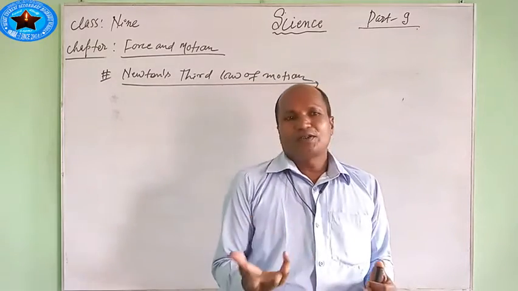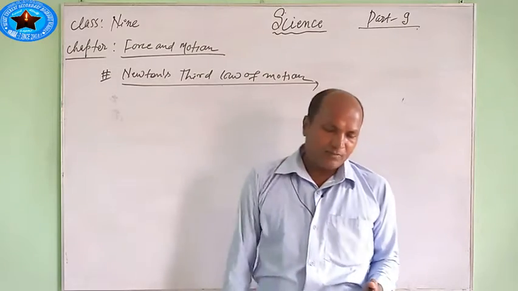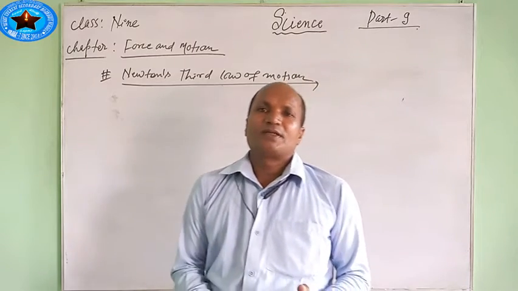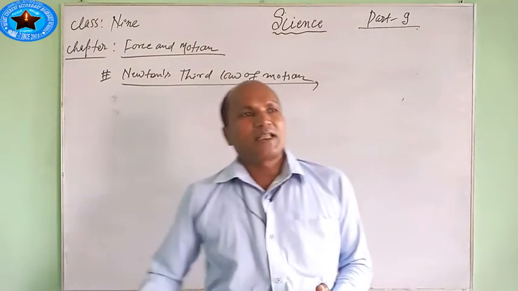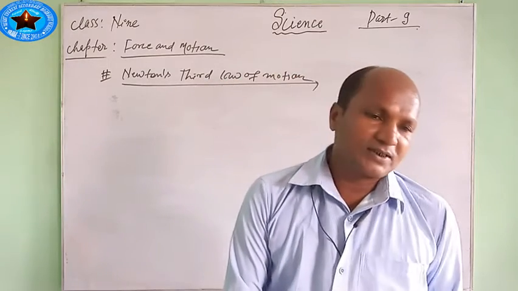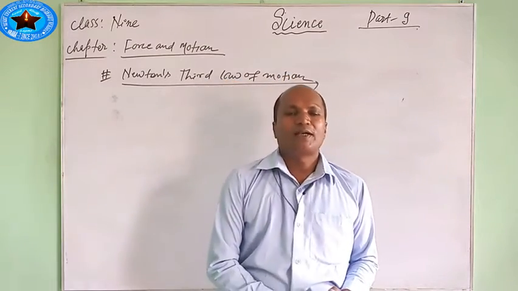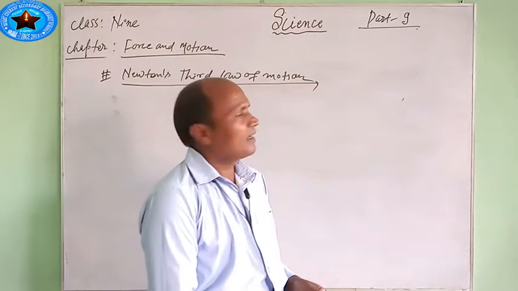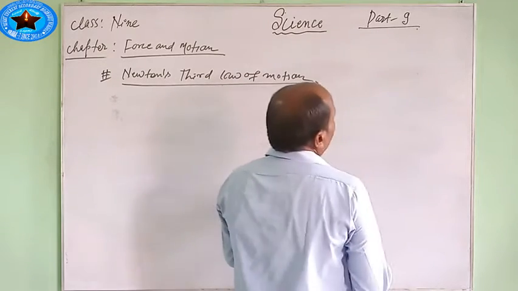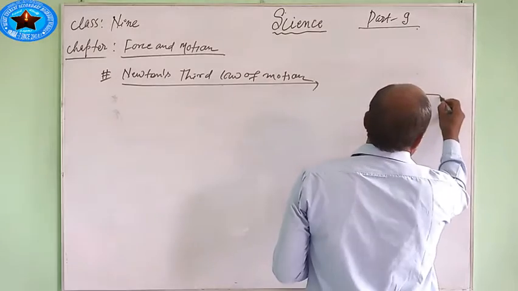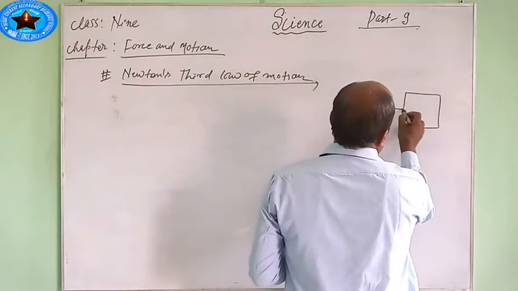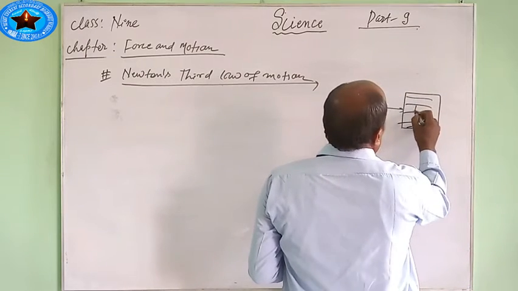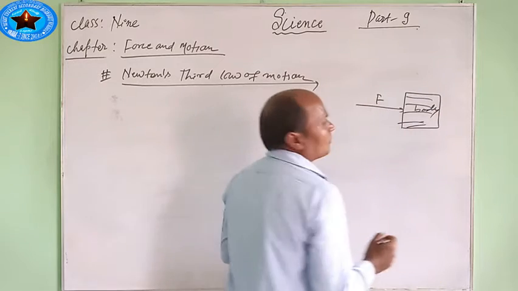You take a ball and strike it on the ground, and you see that the ball bounces, meaning the ball comes up again. If you give a slap to another person, you ask that person what happened and you also feel what happened to you. It means there are two things: one is action and the other is reaction. Here is one body. If we apply force on this body, what happens?